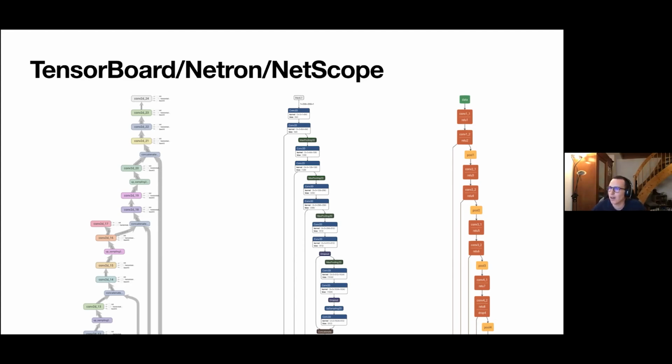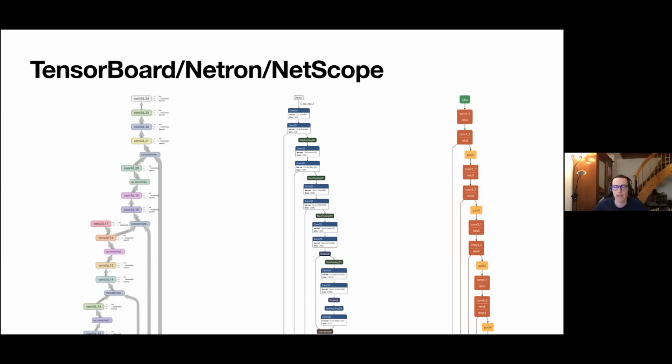And so now here we see TensorBoard, Netron, and Netscope network graphs, and they're much more complicated. They're much larger. They won't fit on a single page for a publication, but they also have information about initialization, about kernels, about the weights in the model. If you look at it, you see how they're initialized, how they're computed, and all this kind of information. So this is really a much more in-depth visualization that's focused on a completely different audience.